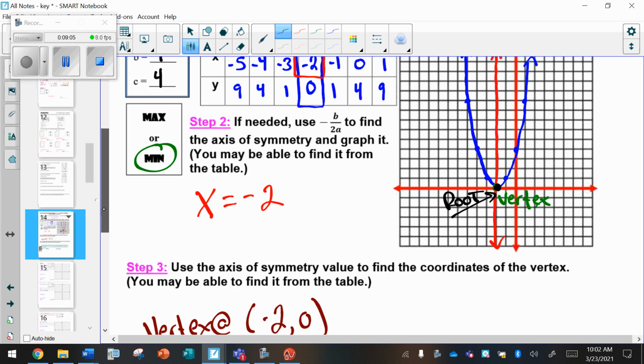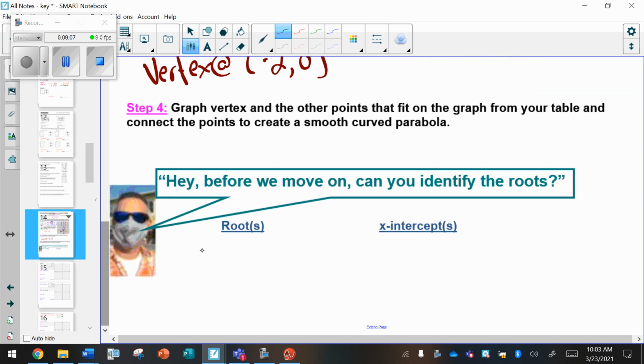So that means our root is also at x equals -2. Written as an x-intercept, it would be the coordinate point -2, 0. That's the difference between the roots and the x-intercepts. It's the same x value, it's just written differently. That's all. Okay, so now what we get to do is just practice and try again.